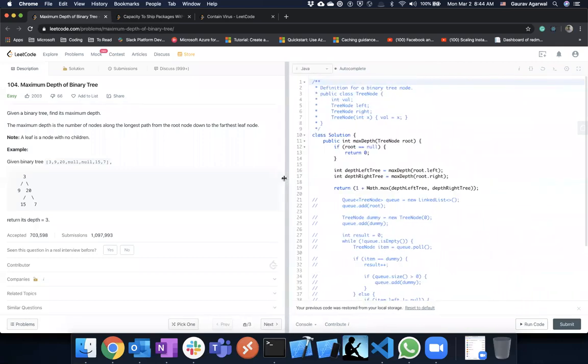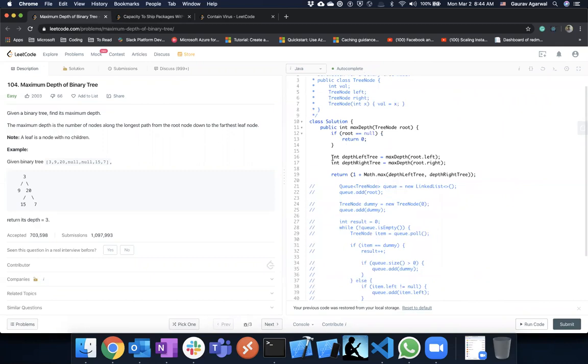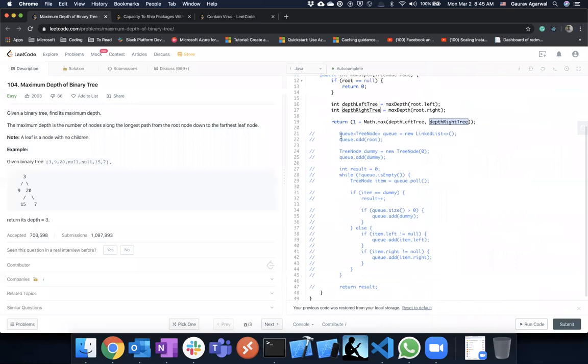Okay, yeah. And these are the two approaches I was just trying myself. So the first approach is the 3-line DFS approach. You figure out the depth of the left one, the depth of the right one recursively, and then return 1 plus the max of the depth of the left or the depth of the right. Nothing fancy here.